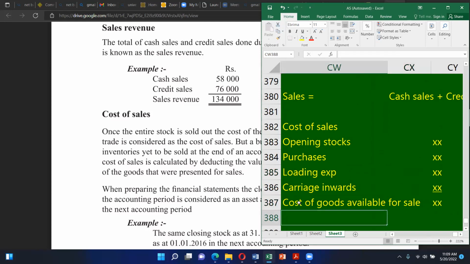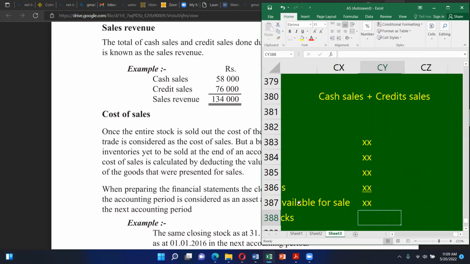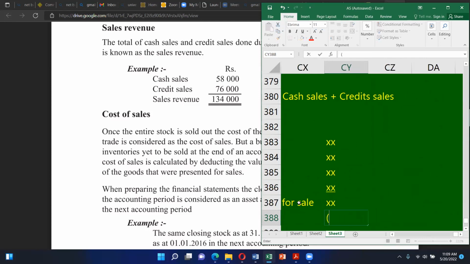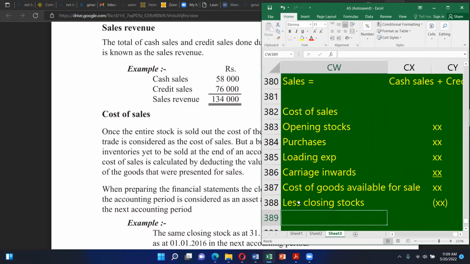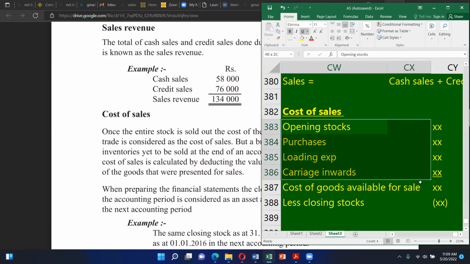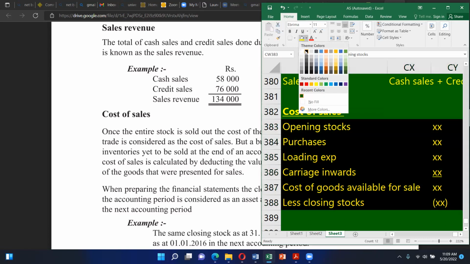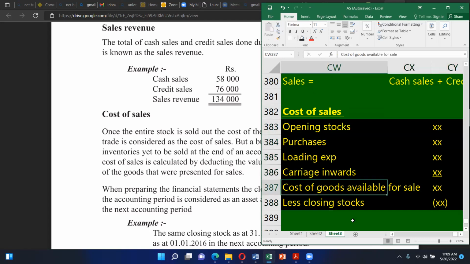Taking that minus closing stocks, you calculate the cost of sales. Clear?